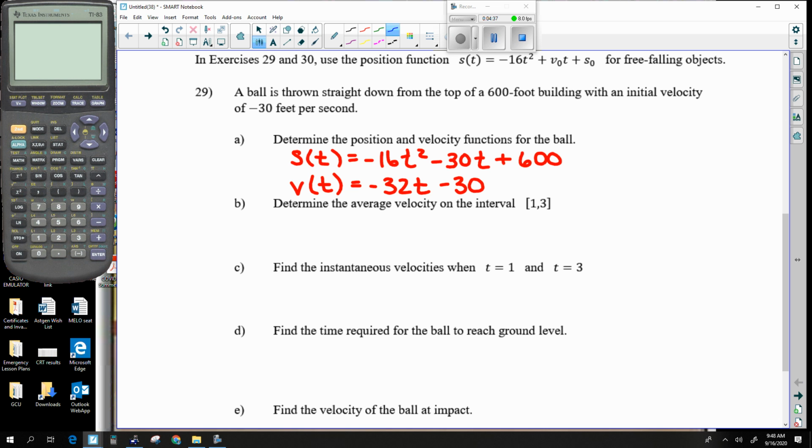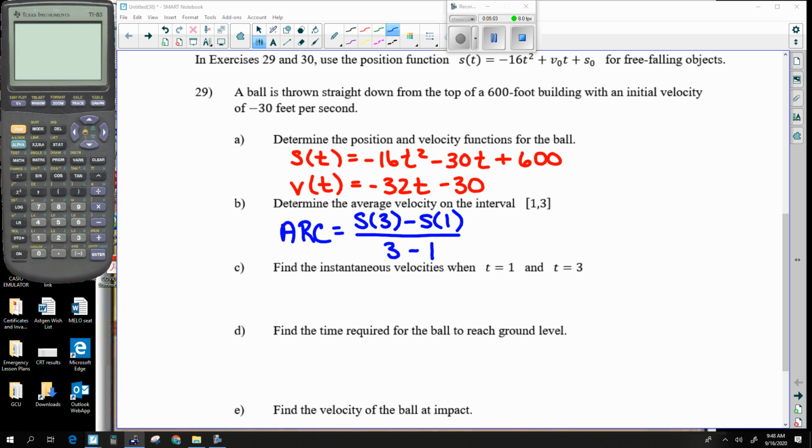Okay, so again, when we're talking about average velocity, it's change in position over change in time. And again, this is going to be like the slope formula. So this is going to be S of 3 minus the position at 1, the change in position over change in time. So it's like a normal slope equation.